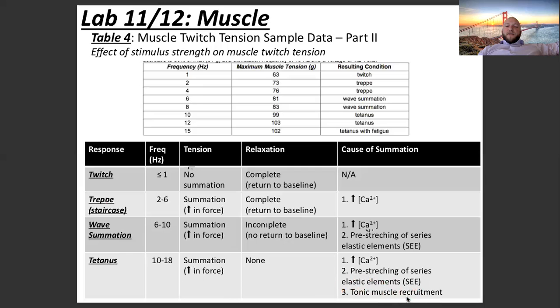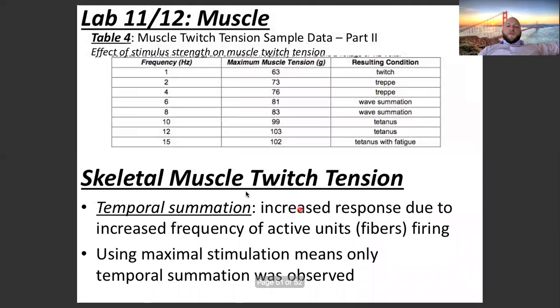They activate once they get a high temporal frequency of shock. So that's going to be another reason why we get more contraction with the tetanus. So we're observing temporal summation, increased response due to increased frequency of active units firing. Maximum stimulation means only temporal summation was observed when we're increasing the frequency.